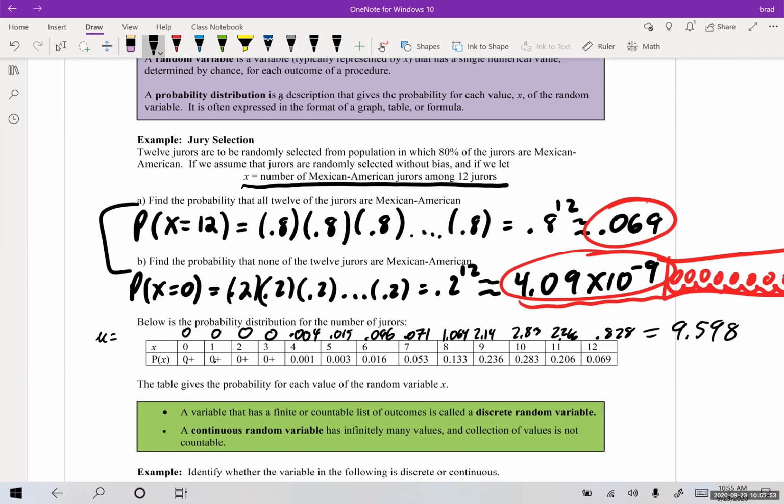Then if you try to do the standard deviation, or the x squared times p of x, which would be the variance, this would be 0, 0, 0, 0. This would be 0.1016. This would be 0.075. This would be 0.576. This would be 2.57. It's either 77 or 97.